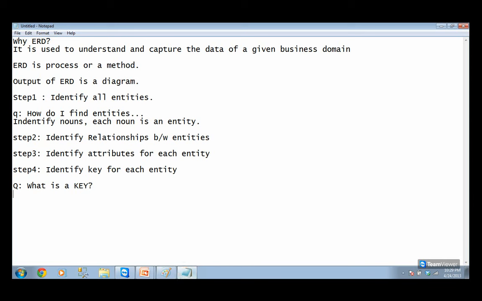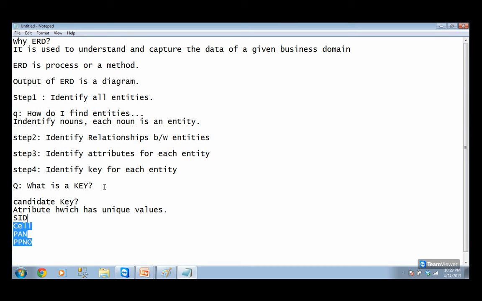So candidate key means what? A key means the column or the attribute which has unique values. The attribute can be student ID, cell number of the student, PAN card number, or passport number.